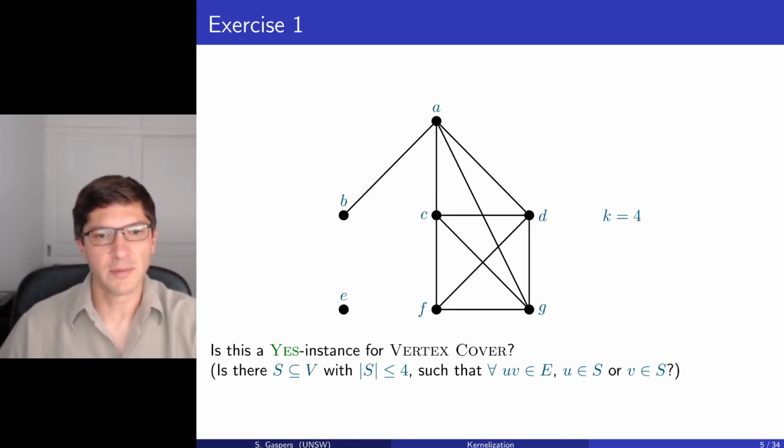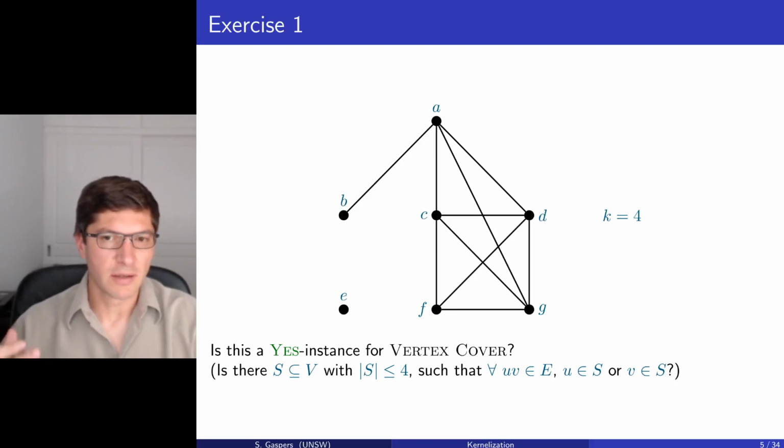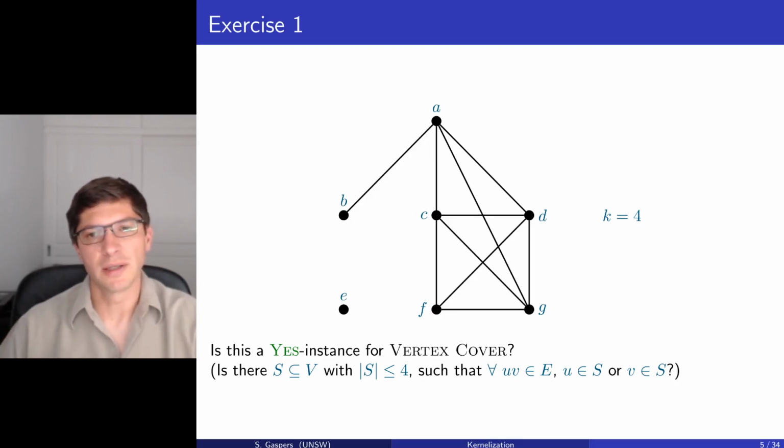So this is the first example we'll see. We just need to decide whether this is a yes instance for vertex cover or not. And if you want, you can already think about any general rules you might encounter when handling such an instance.